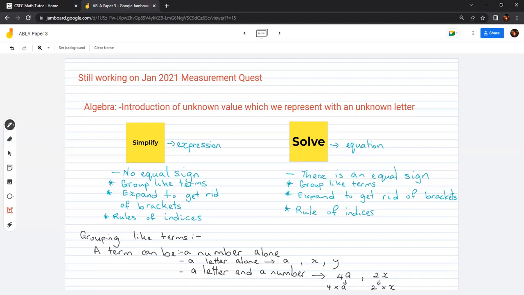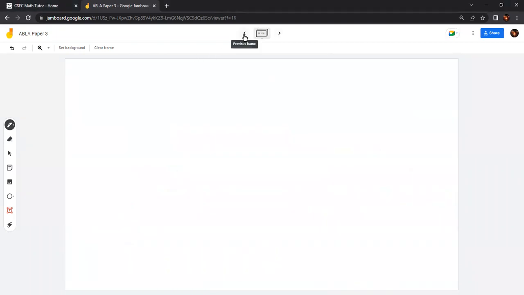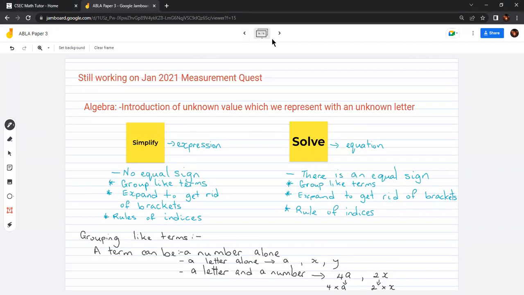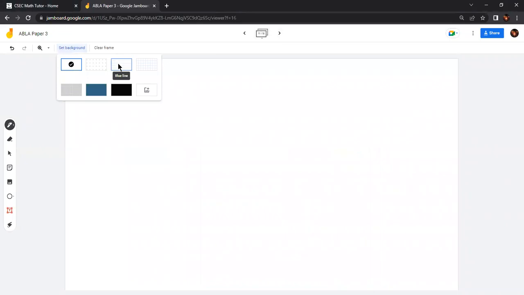Now, grouping like terms. When it comes to grouping like terms, we have to understand that numbers and terms have their baggage.